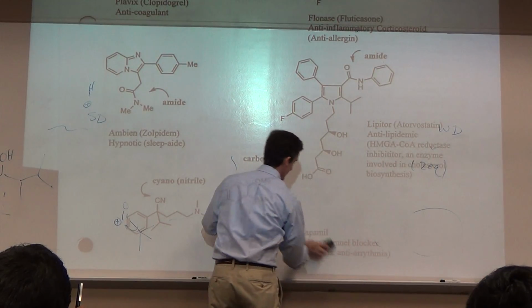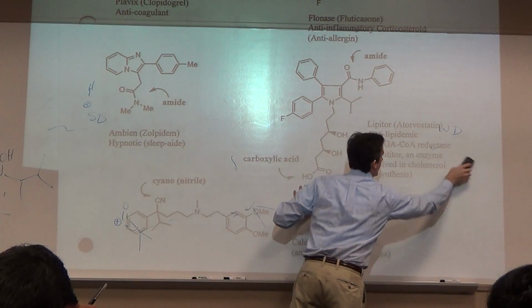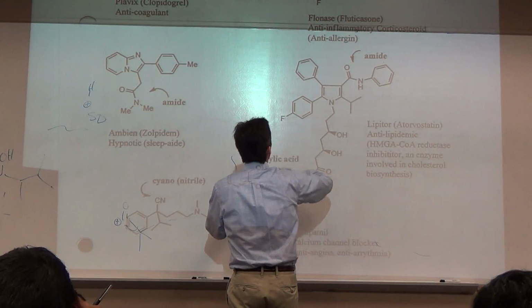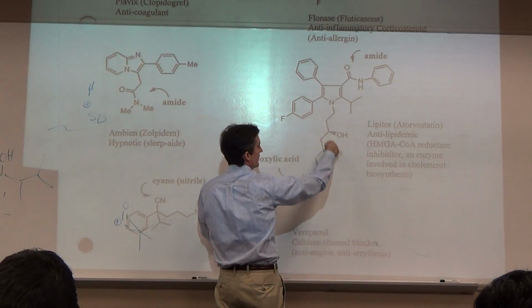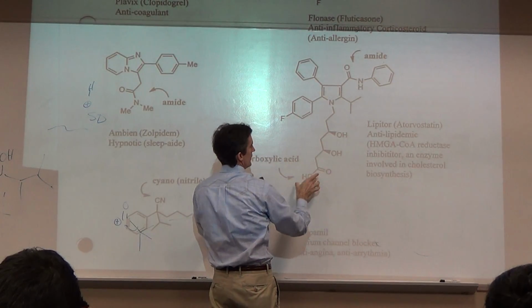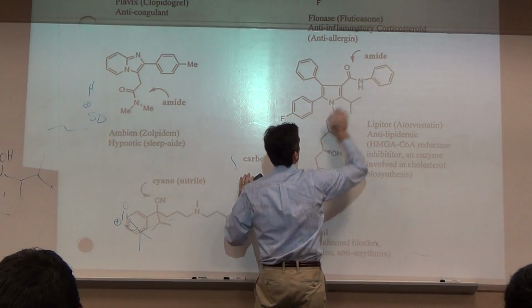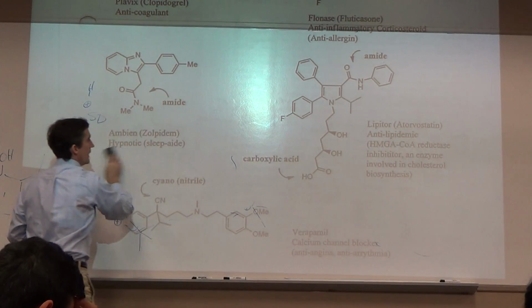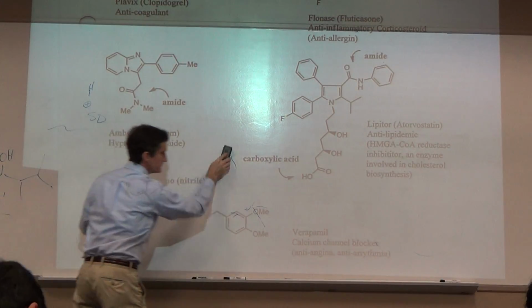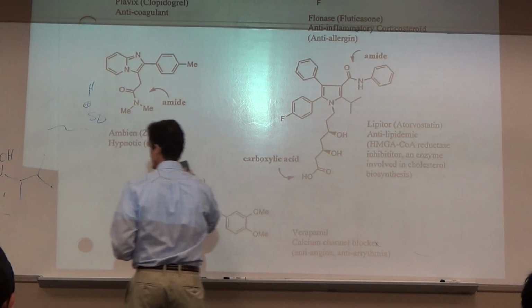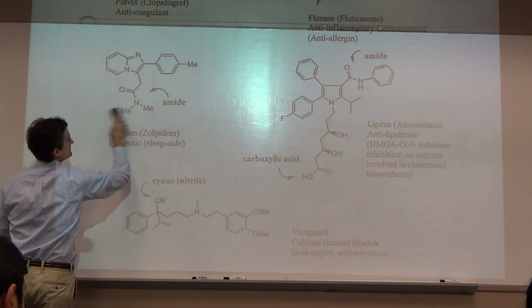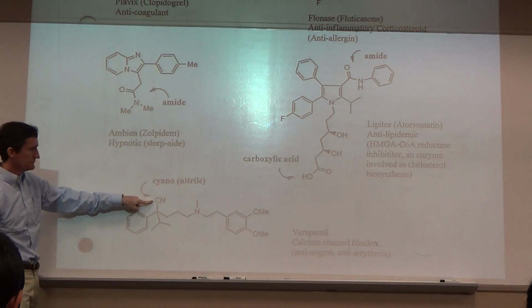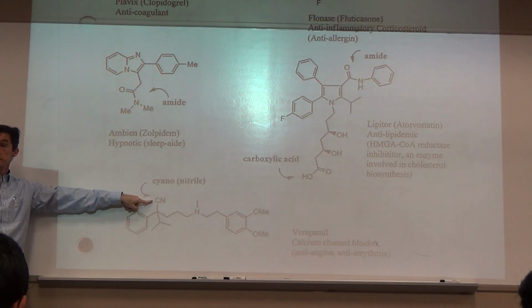Lipitor is a nice little compound: aromatic rings, a para-substituted fluorine group, some chiral alcohols, carboxylic acid, amide, isopropyl group. A nitrile does not have a carbonyl, but it's still considered an acid derivative.